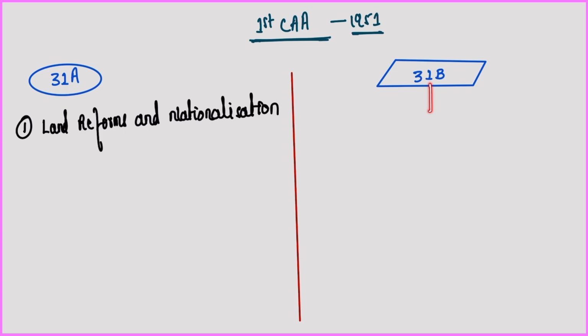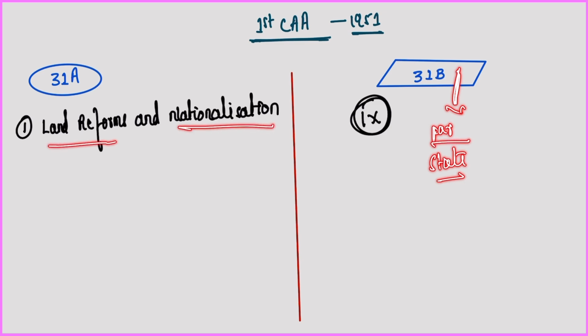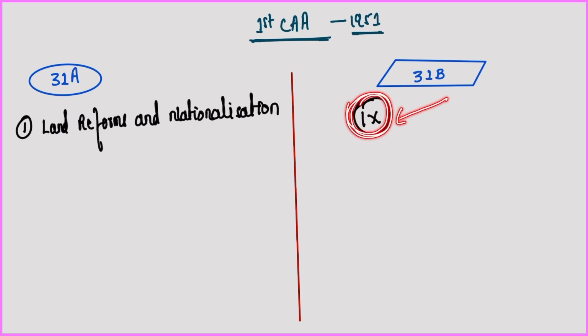And what does Article 31B say? Article 31B basically inserted a new schedule into the Constitution called Schedule 9. Okay. And it said that any act passed by the Parliament or the state legislatures, right, need not be just land reform or nationalization, any act, if that act is put in Schedule 9, then such an act cannot be challenged in any court for violation of any fundamental rights.